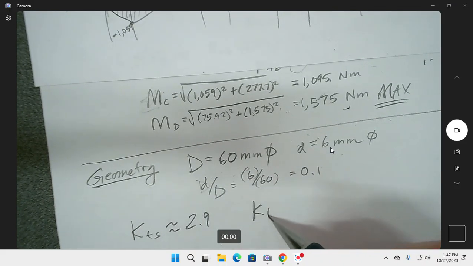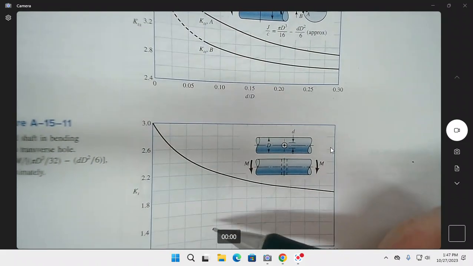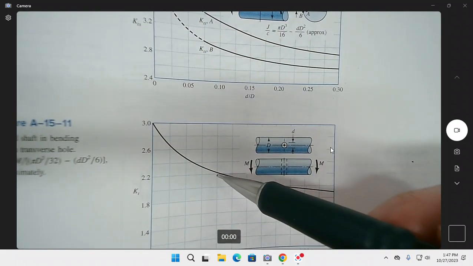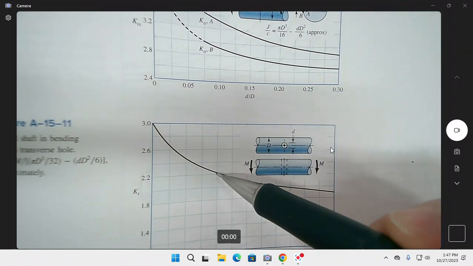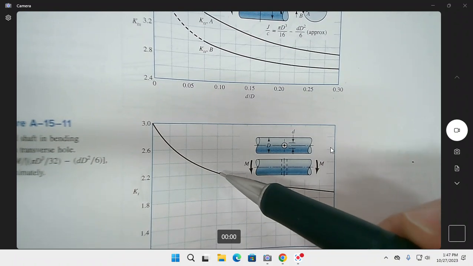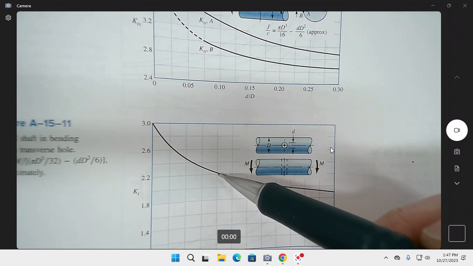So KT, we're almost crossing the intersection. We're very close to the intersection of 2.2. So close, I went ahead and said 2.2, but the fussy me might have thrown it a little nudge, like 2.22, just to be a jerk. But I already have the numbers down for 2.2, so we're going to stick with 2.2.